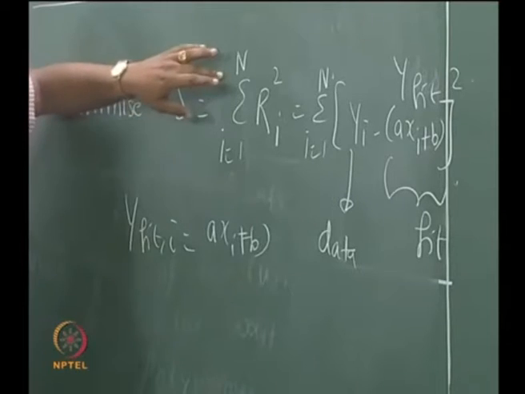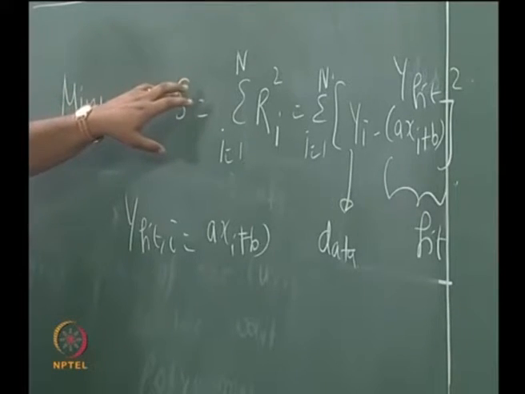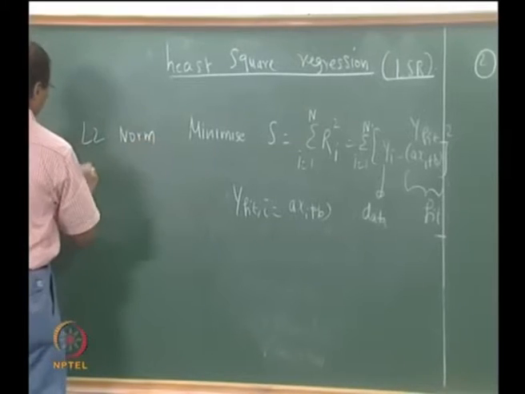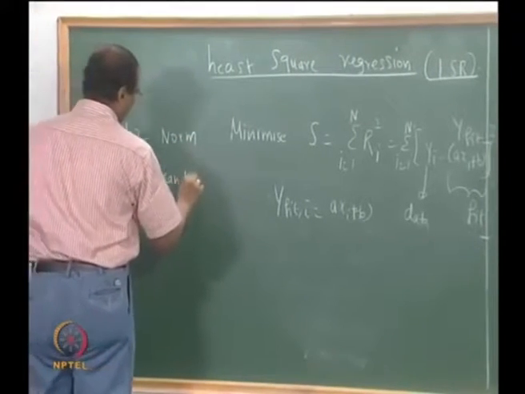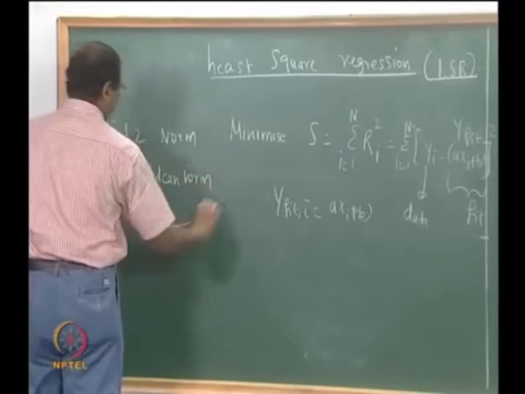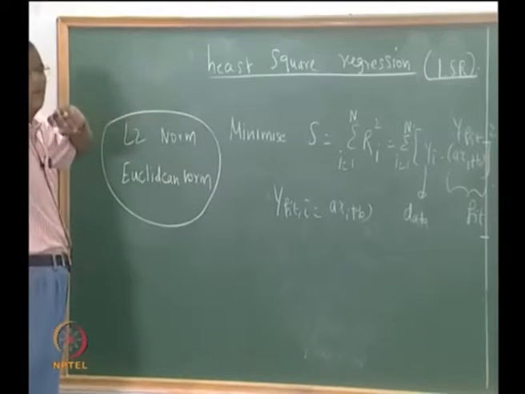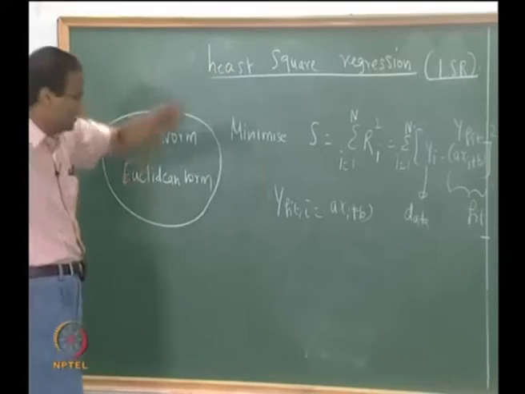This is basically what is called the Euclidean norm, the L2 norm. It has very interesting intuitive physical interpretations, which we will discuss in the next class.